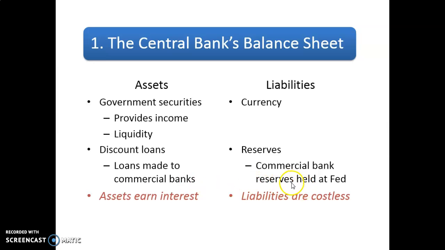When a commercial bank needs some of its reserves back, or makes reserves with the central bank, that is an accounting entry. And when the central bank puts more currency in circulation, that is just a matter of running the printing presses. So wouldn't you like a business where all of your assets were earning interest but your liabilities were costing you nothing? That's what the central bank has.